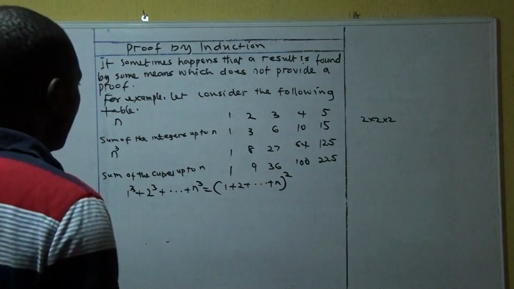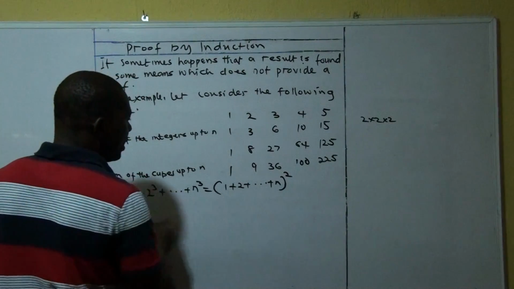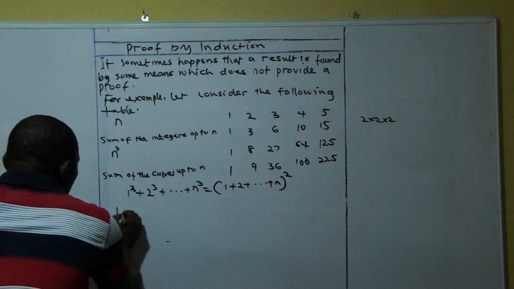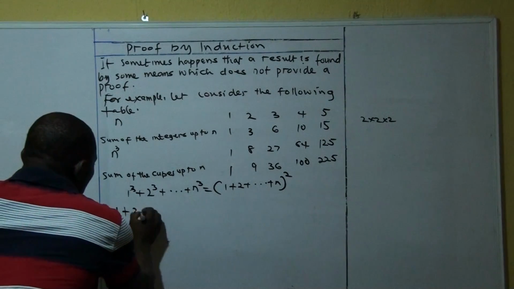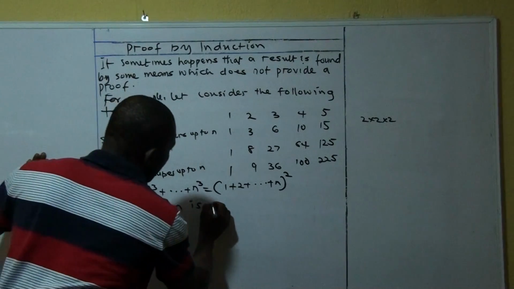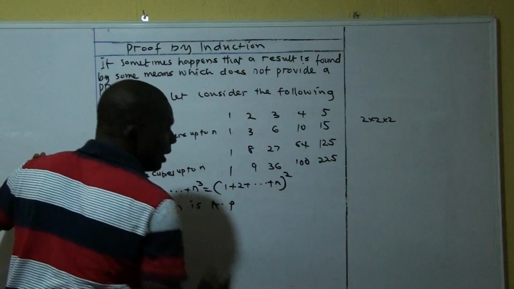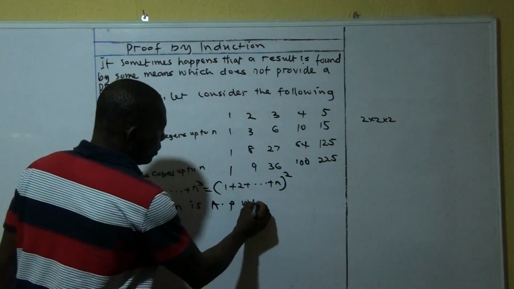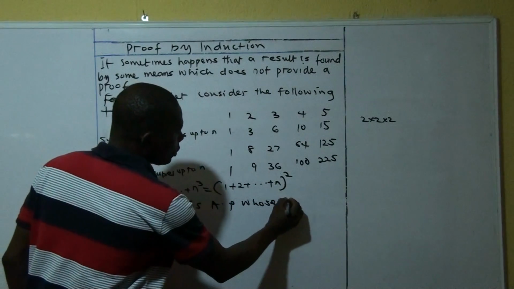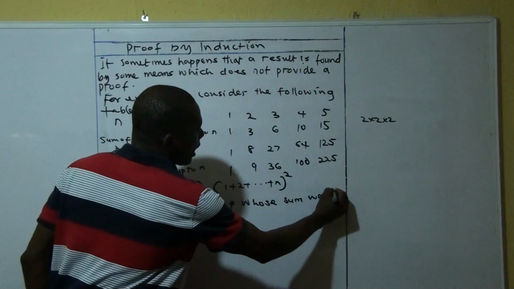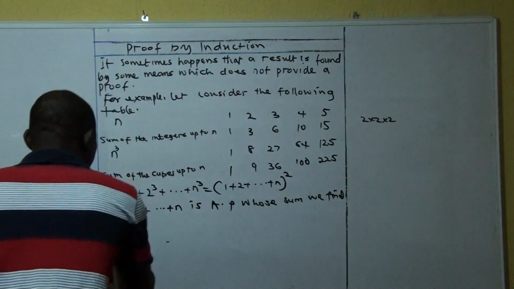Then if you look at this term here, this term is an arithmetic progression. 1 plus 2 plus 3 up to n is an AP, whose sum we can find.